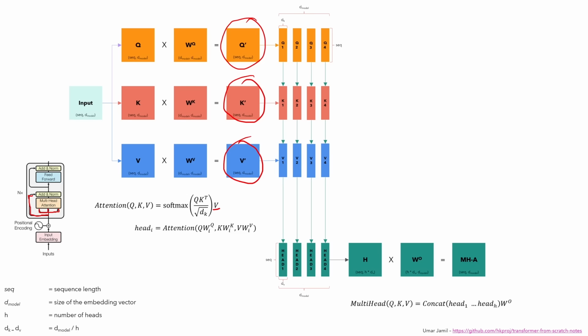Now you may also have seen online that the attention can be visualized, and I will show you how. When we calculate the attention between the Q and the K matrices, so the softmax of Q multiplied by K divided by the square root of dk, we get a new matrix, just like we saw before, which is sequence by sequence, and this is a score that represents the intensity of the relationship between the two words.